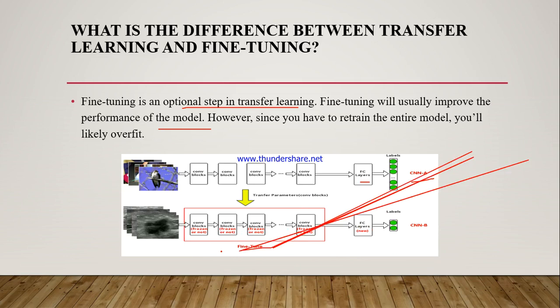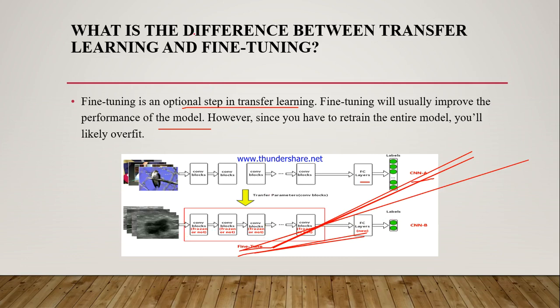The convolution layers are frozen, then there is a convolution block and an FC layer, a new FC layer with new labels. So we are adding something here, transferring parameters, doing some modifications and fine tuning. Again repeating, fine tuning is for improving the performance of the model.